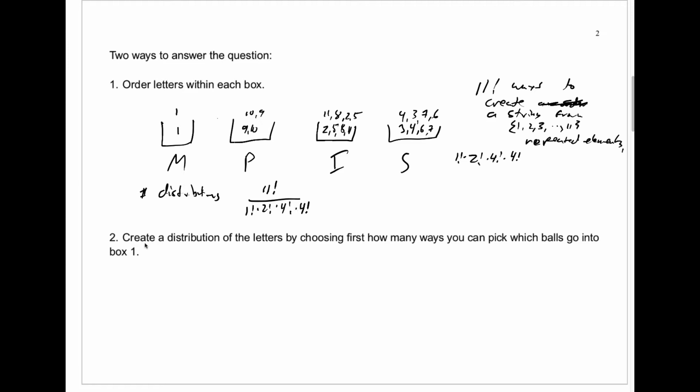Now, a second way of seeing this exact same thing is to ask how I would create a distribution of the letters. How will I create a way to distribute the numbers from 1 through 11 into the box M, the box P, the box I, and the box S? And we've talked a little bit about this before, but let's go through this.